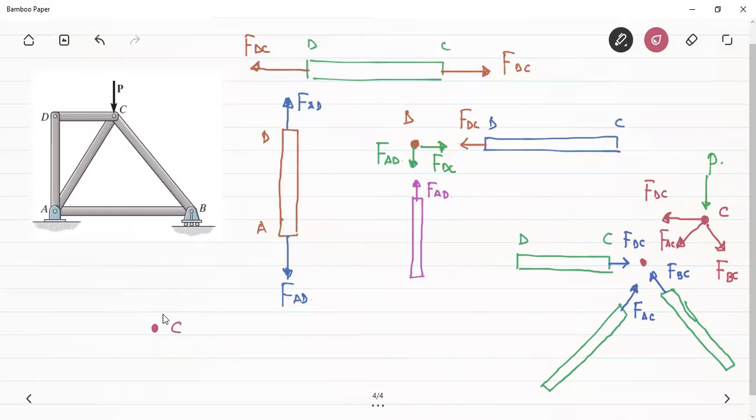Therefore, on the joint, I have to show it away from the joint. FDC, on the joint, I will show that this force is away from the joint. And similarly, FBC, on the joint, I will show that it is away from the joint.